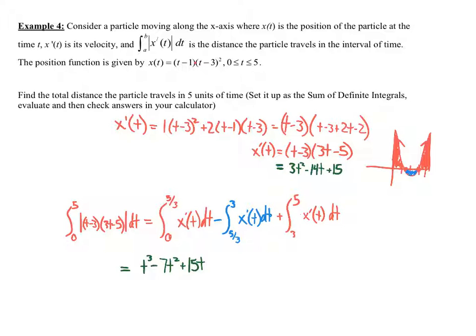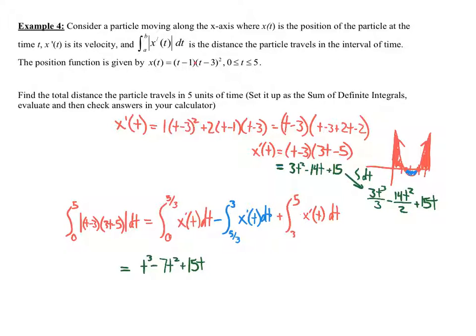Okay? So when I integrate this with respect to t, 3t cubed over 3 minus 14t squared over 2 plus 15t. That's what we're doing here. Okay?